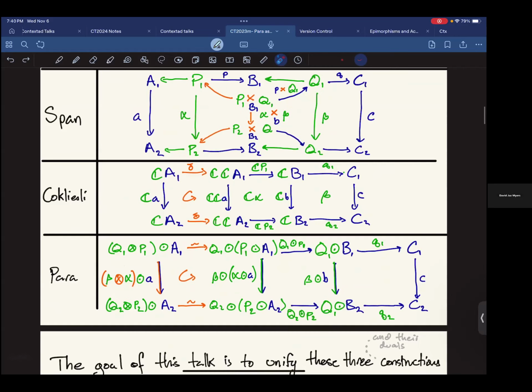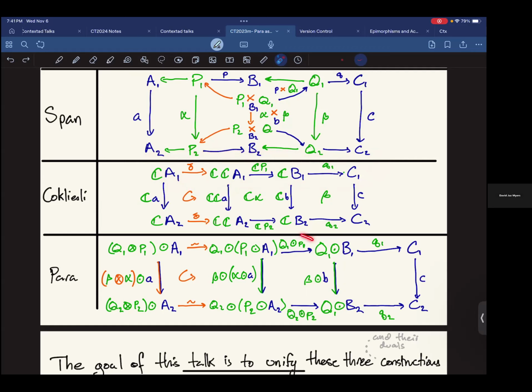Way back here, right? What we're doing is we take our first thing, we swap it over using the context of the second thing. We combine our contexts, and then we compose the resulting morphisms. So here, we take our first thing, we swap it over the context of the second thing by putting it under C. We combine the context by precomposing with delta, and then we compose the result at the end.